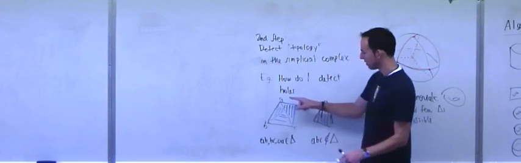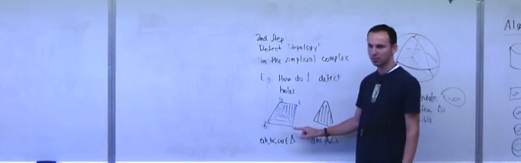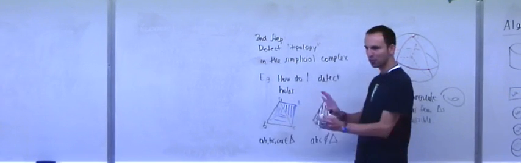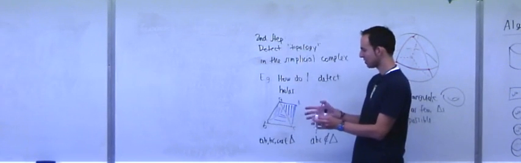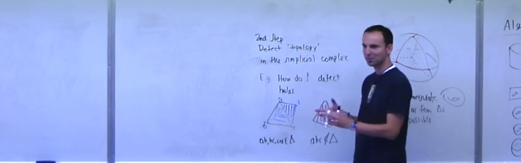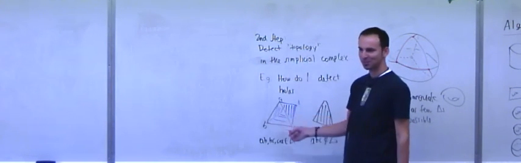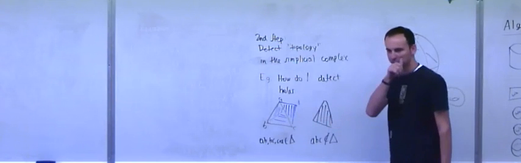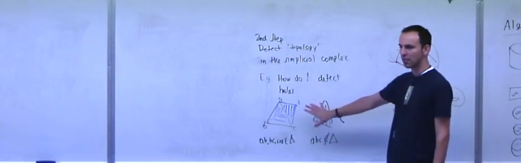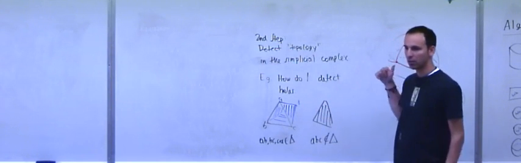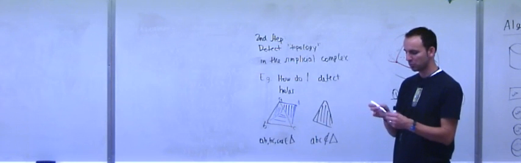And so maybe ABC is not a face, but this doesn't deserve to be called a hole because this is just a cup, right? You pour water in there, it's not going to fall. It's going to land at D. And so this is the kind of thing that we're going to have to build into our construction of this homology group.